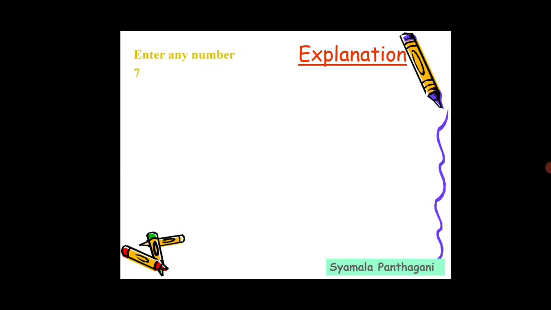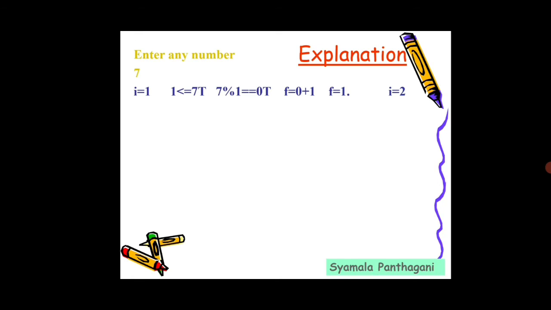Then how will it execute? The initial value of i is 1 and 1 is less than or equal to 7. That condition is true. That's why it comes into the body. Now what is the condition there? 7 mod i, the value of i is 1. 7 mod 1 is equal to 0.